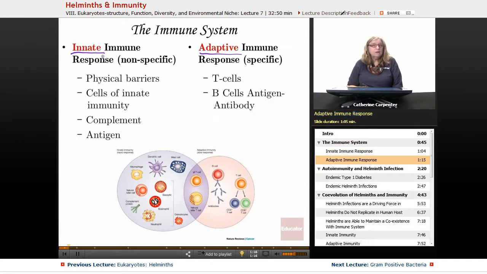Adaptive immunity specifically involves interactions with the T cells and also the B cells in relationship to antibody production. So as you can see, all of these aspects of immunity really come into play with most infectious agents that we've discussed: the bacteria, the viruses, the protozoa, the fungi, and most recently the helminths.